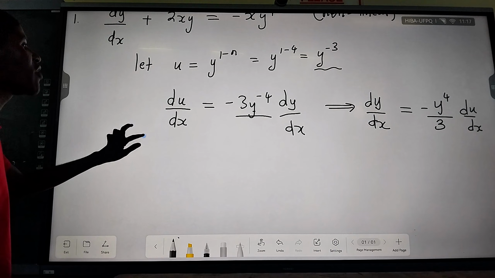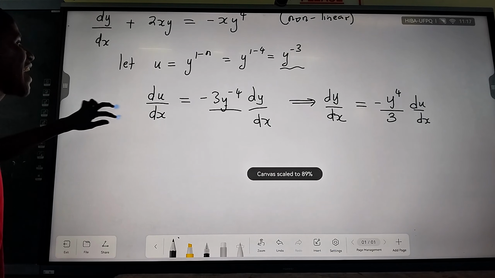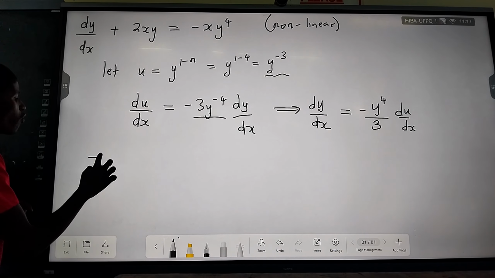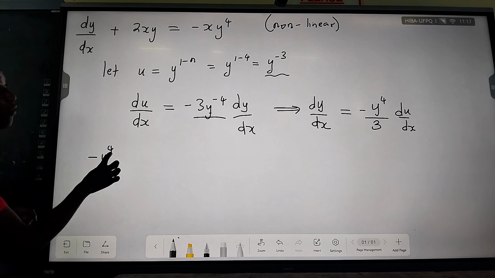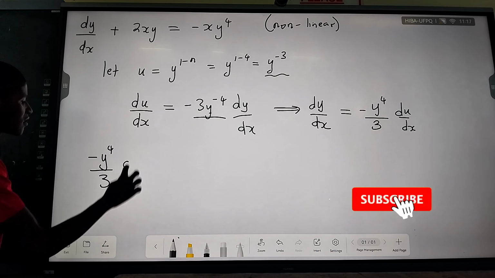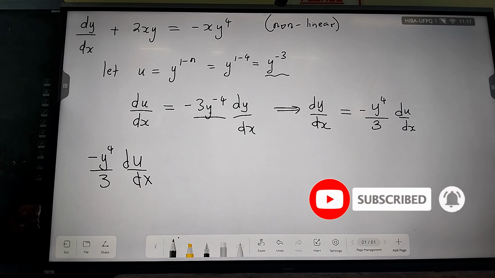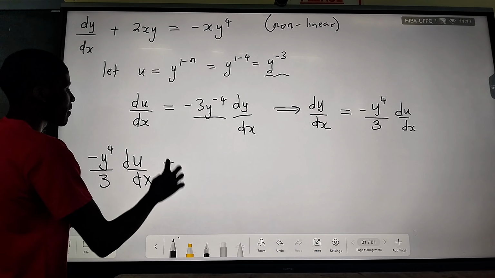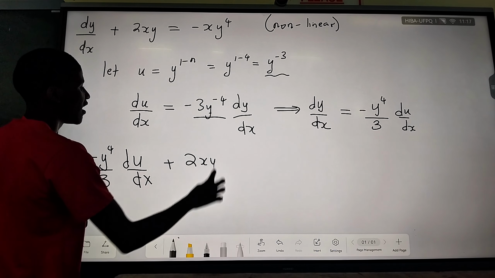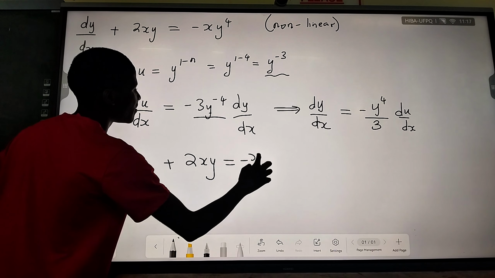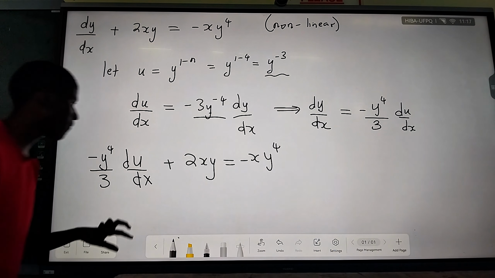So if normal when we substitute it there, la no dy dx ngizofaka ubani mina? u minus y to the power of 4 over 3 du dx. Sayabona leyo nto angisho. And then this is going to be plus 2xy is equal to negative x y to the power of 4.